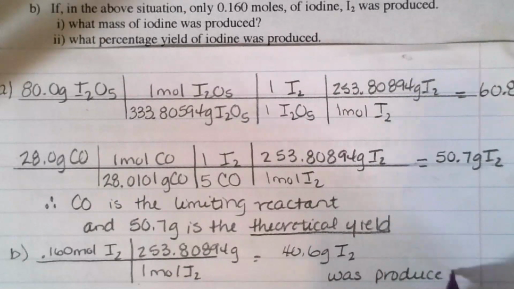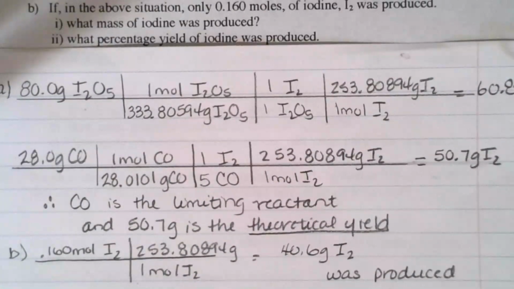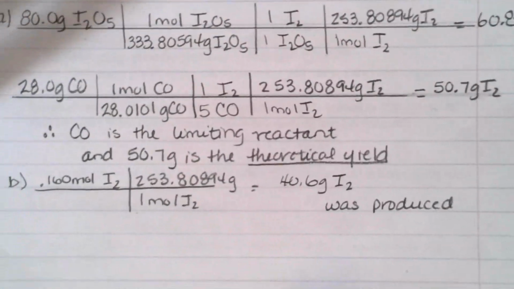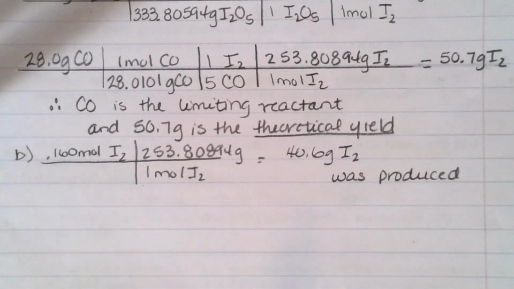So as you can see, what was produced is not what we got. So scientists want to figure out, okay, if that's the case, what is my percent yield? Percent yield is like what you get on a test. How much did you get? What was your percentage based on what you got out of the total amount of points?